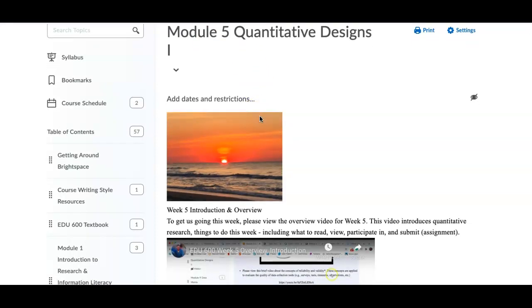So this week we're taking the shift. We're going from qualitative research, which we've been studying the last few weeks, to quantitative research. Quantitative research, I believe, is the type of research that more people are familiar with.